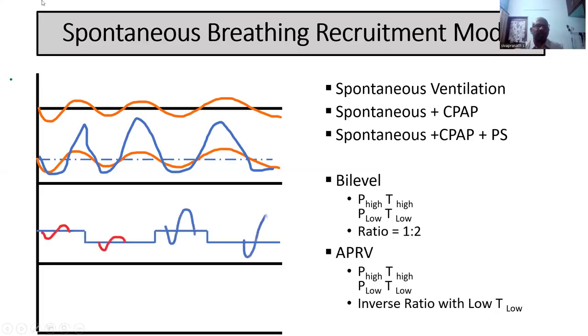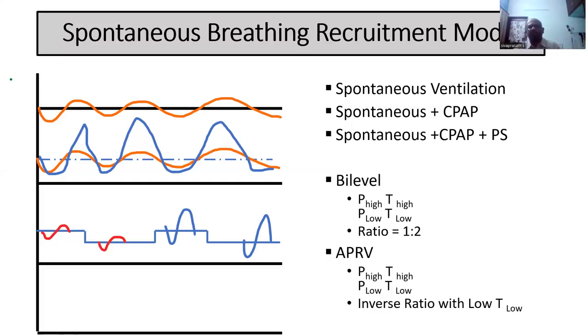You can see there is high pressure for some time, low pressure for some time. The IE ratio is maintained in a physiological way. If you maintain the IE ratio and allow the patient to take a spontaneous breath, which could be spontaneous or pressure supported, it's called bilevel, or BiPAP, or duo level, whatever the name is. You have two levels of pressure support, high and low, and you are maintaining the physiological IE ratios.